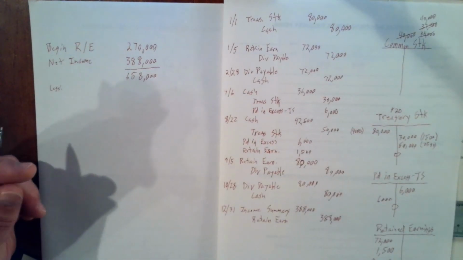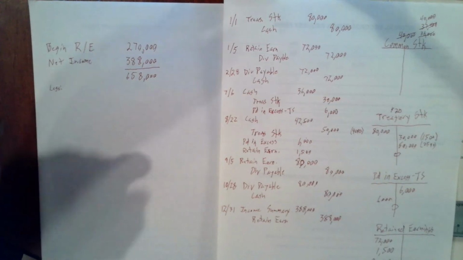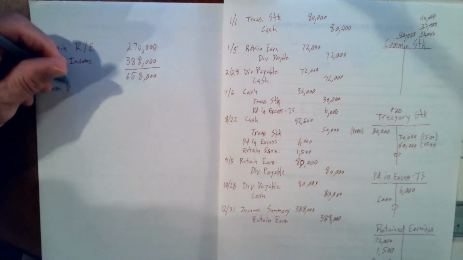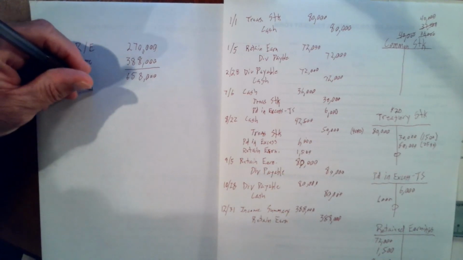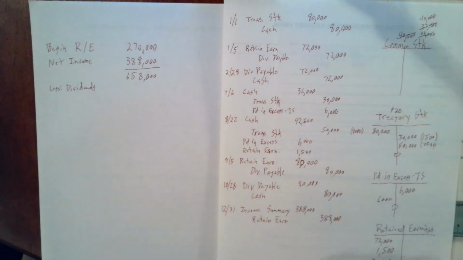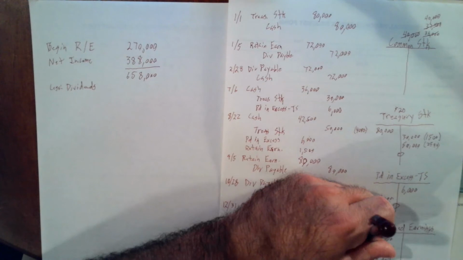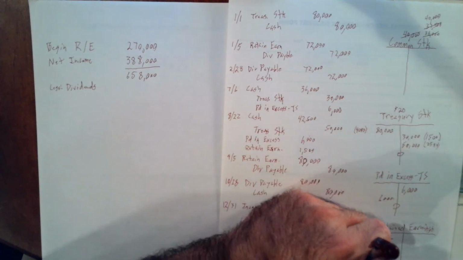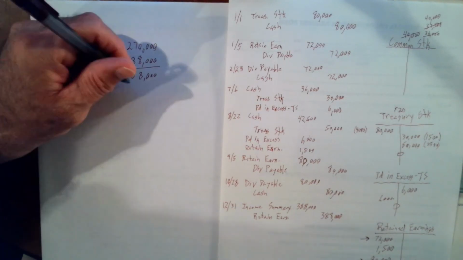But I'll tell you what, on the EOC quiz, I believe it happens where they declared dividends but they didn't pay it out. The payment will not come out until sometime in January, but you still have to take that into consideration. So I've got to take into consideration dividends that I have already declared, and that's going to be this $72,000 right here and this $80,000 right here. Okay, in other words, $152,000.